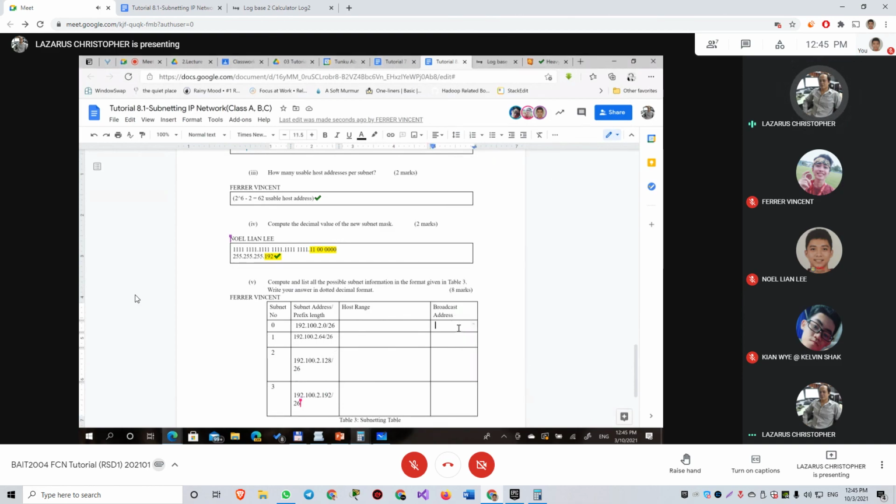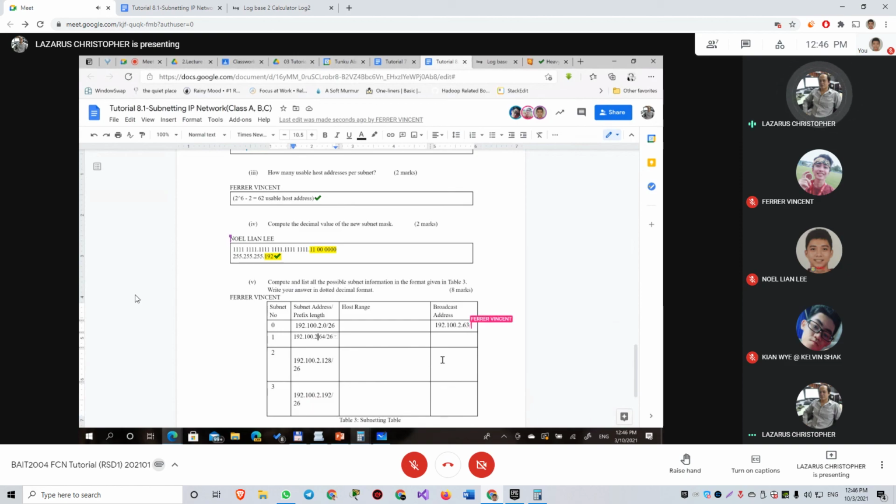The broadcast is just the address before the next subnet address. So the broadcast address for subnet 0 is 192.100.2, the address before this address, dot 63. Correct.